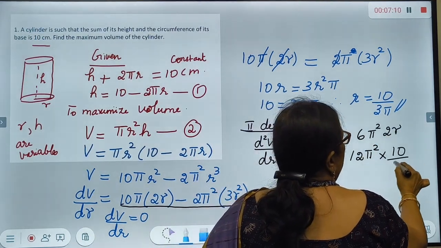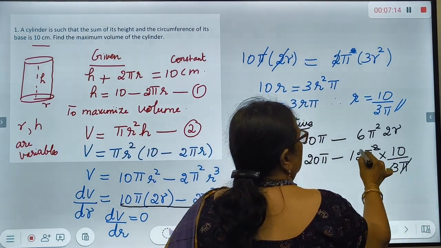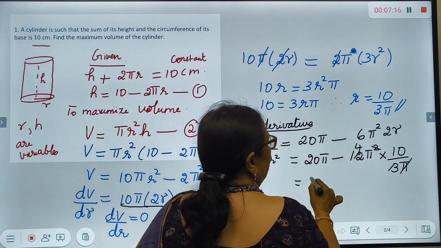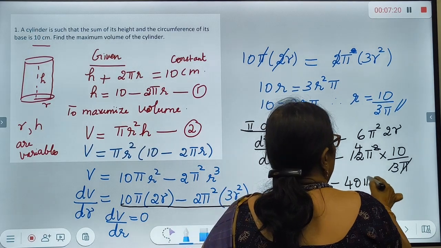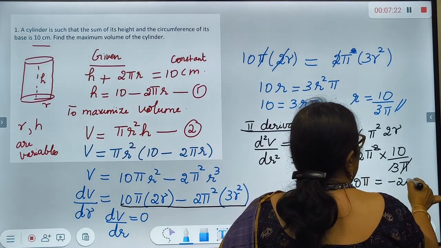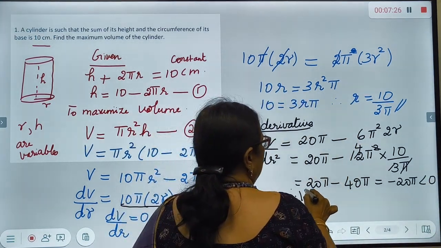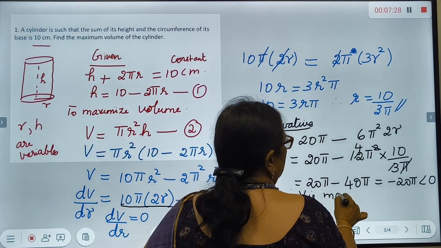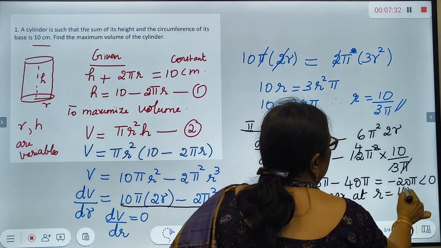R is 10 by 3 pi. So I have 20 pi minus 40 pi, which is equal to minus 20 pi, which is less than 0. Therefore, V is maximum at r equal to 10 by 3 pi.